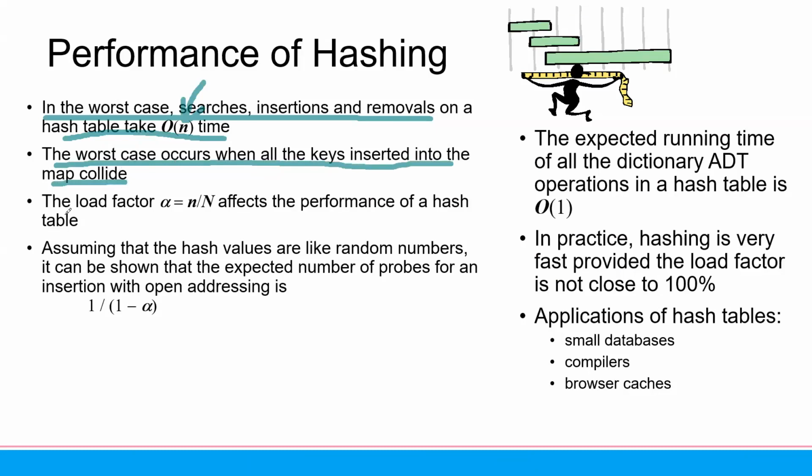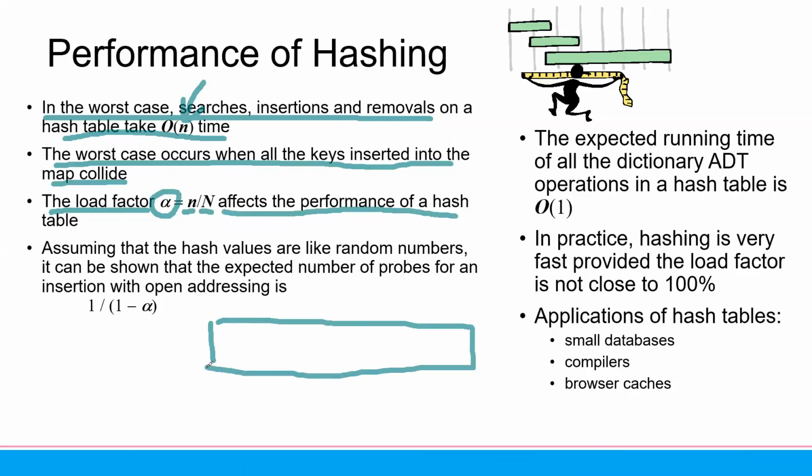And there is one factor, we call it the load factor. For the load factor, we use alpha. Alpha is small n divided by big N, and it affects the performance of a hash table.